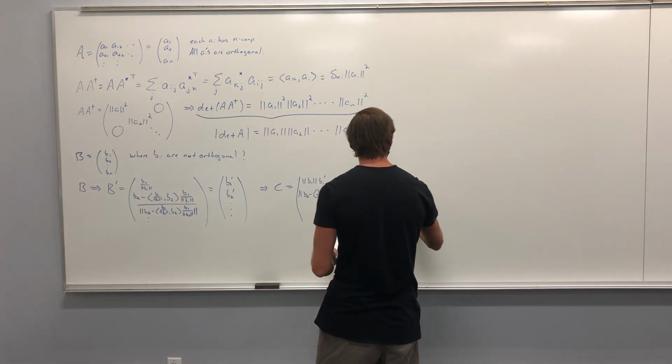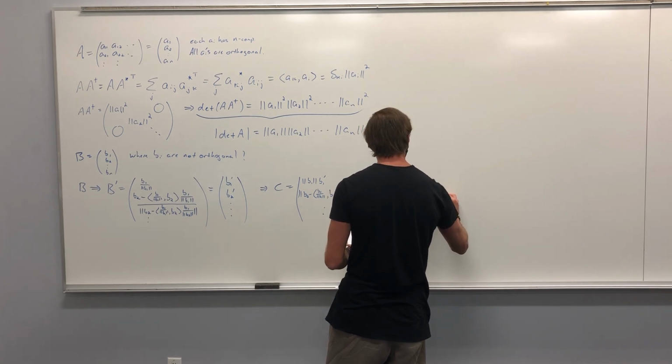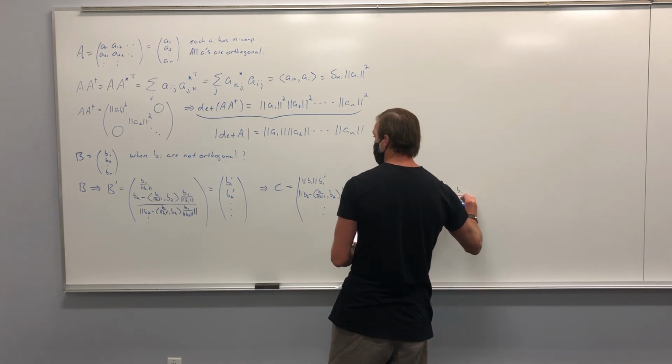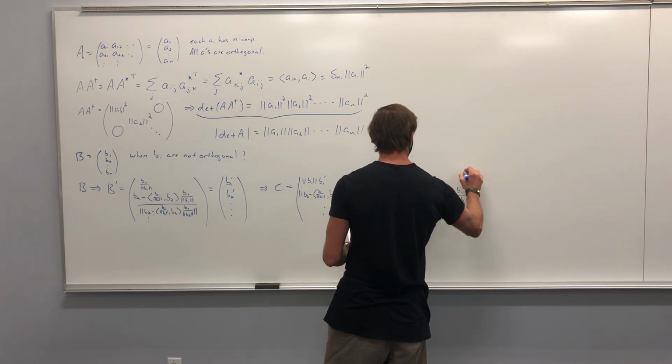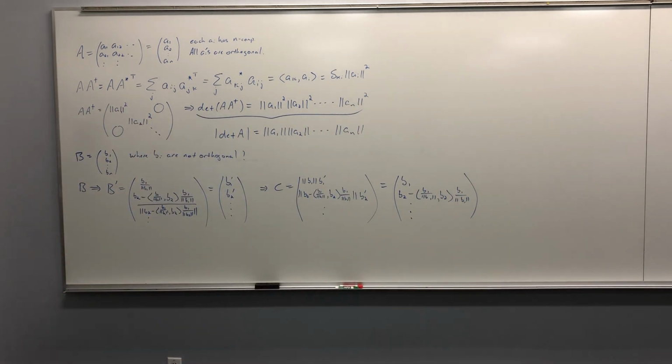So this becomes B2 minus B1 over the magnitude of B1, producted with B2, times B1 over the magnitude of B1. Okay? Everybody see that?